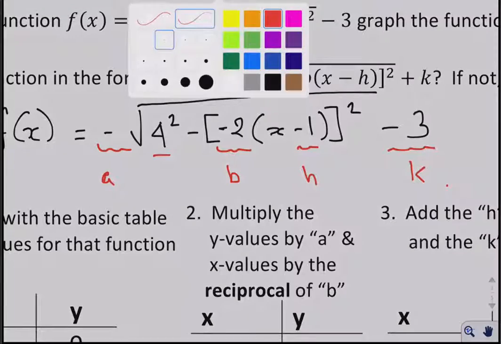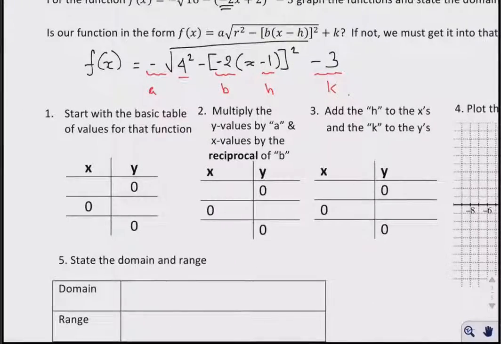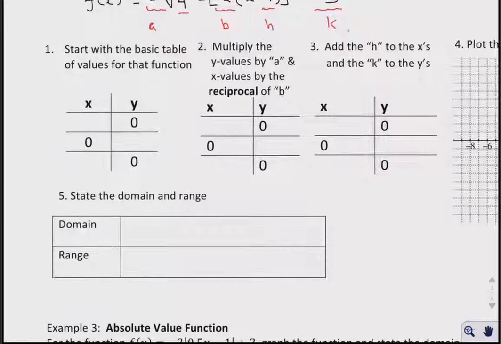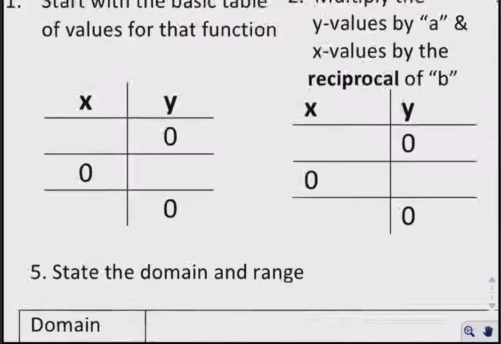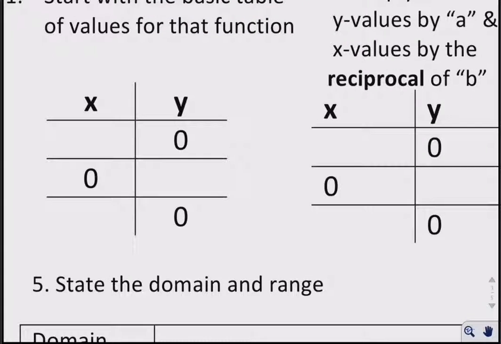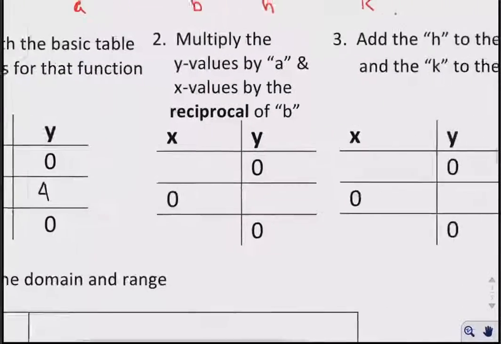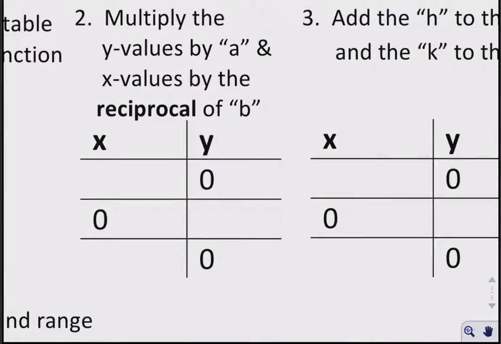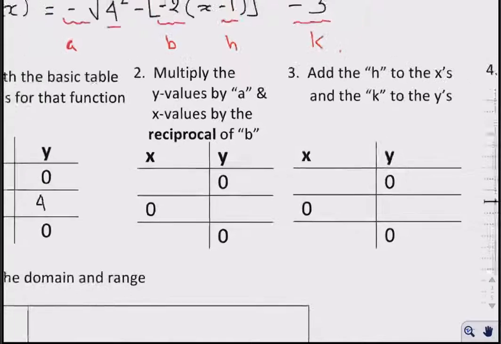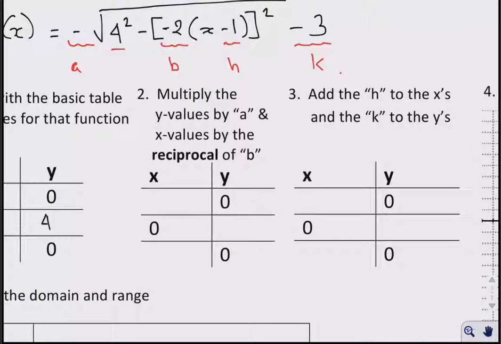So with this in place, let's start graphing. Our basic function for the half circle goes from negative 4, 0 to 0, 4 to 4, 0. Step number 2, we multiply all the y values by a and all the x values by the reciprocal.